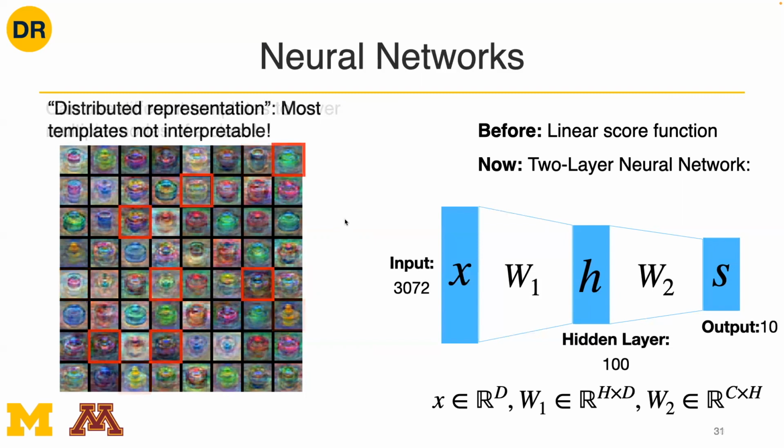Additionally, while you can point out some of these interpretable filter banks, there are a lot of filter banks here that are totally uninterpretable to me. I've highlighted some of them, but in fact, most of the features here are not visually linkable to one of the output classes. A lot of the filter banks here have a lot of green, for example, and none of the objects in our data set are green.